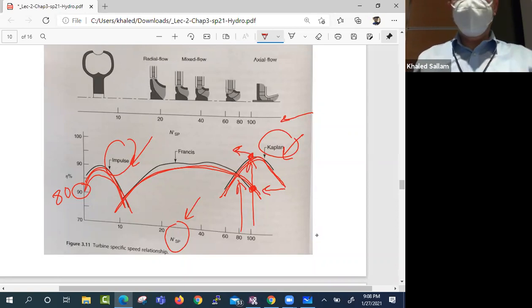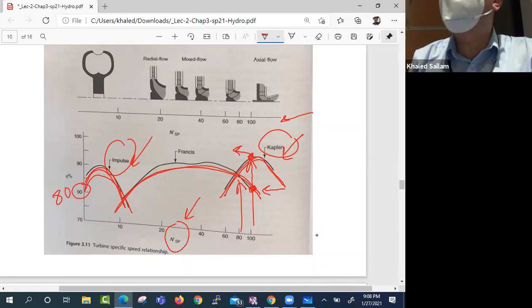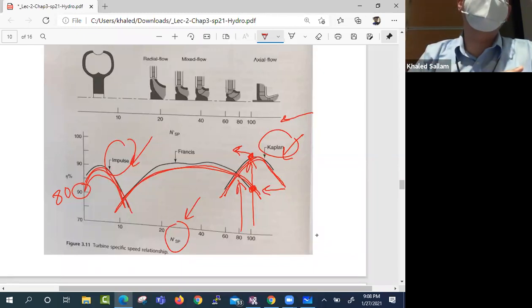And you don't really need to think about it thanks to this chart. This chart makes it a very easy task to do. You just calculate the specific speed. Where are you? You come here and say, look at this: Kaplan would give me this efficiency, Francis will give me this. Of course, I'm going to use Francis.